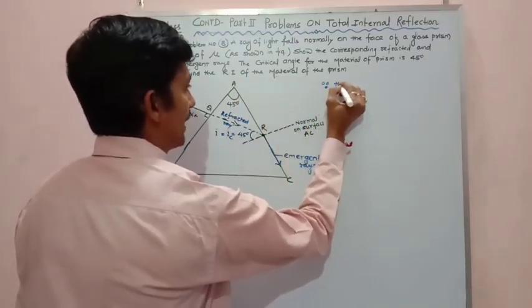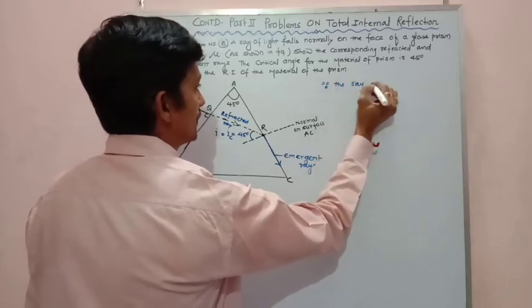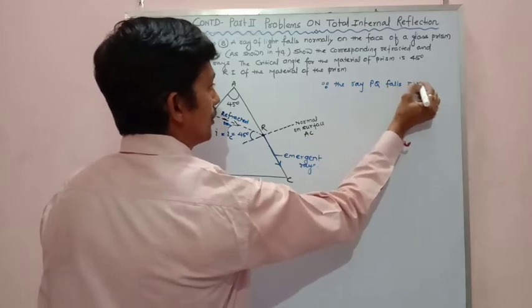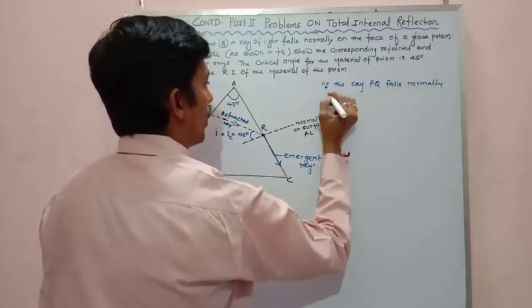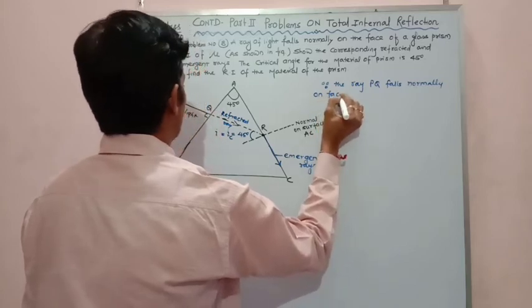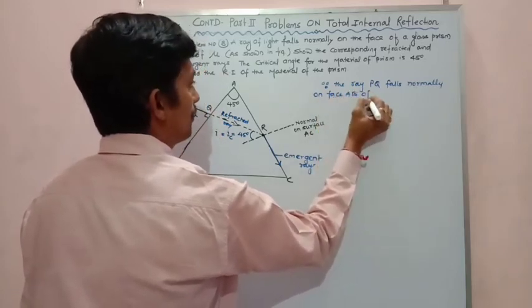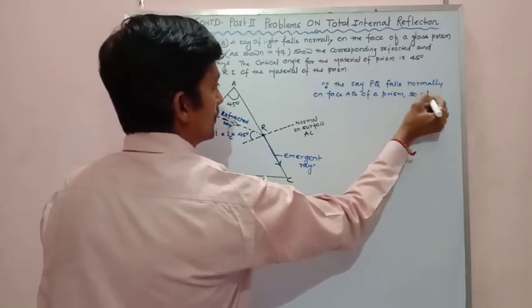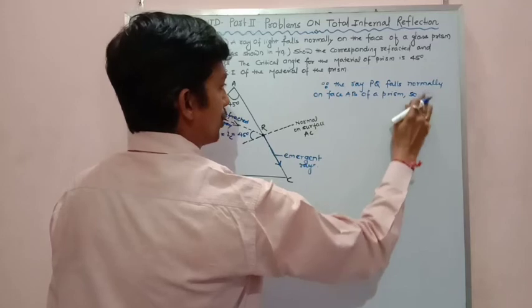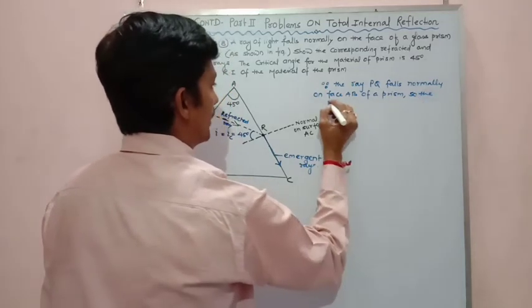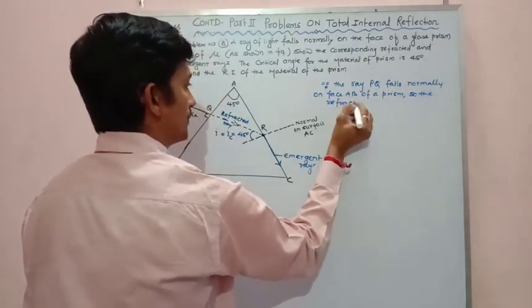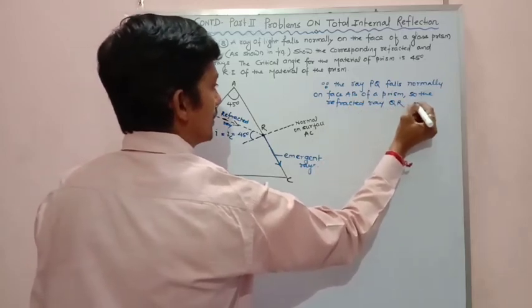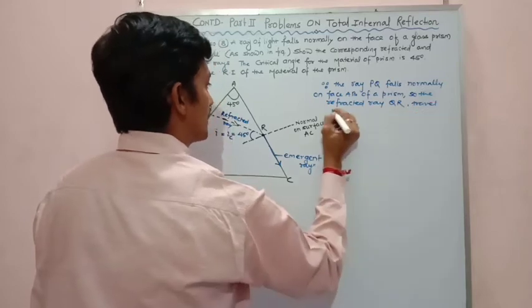Since the ray PQ falls normally on face AB of a prism, so the refracted ray QR travels straight.